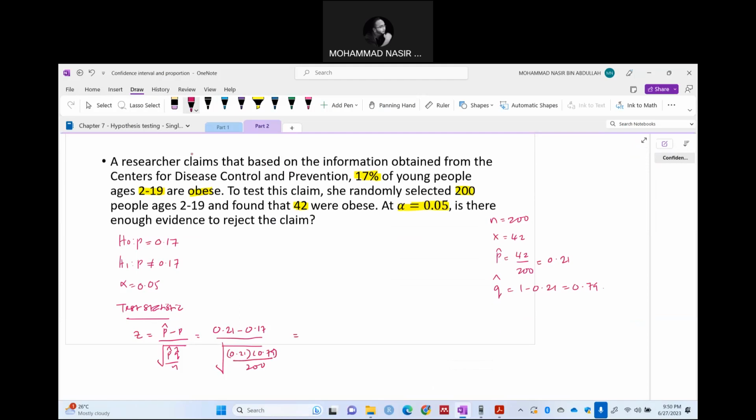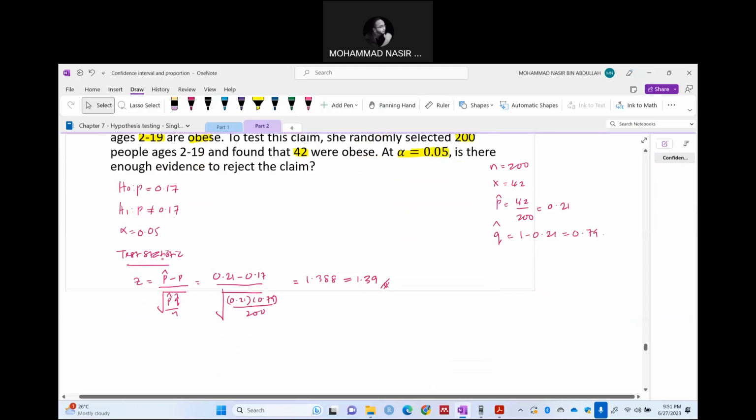So what is the value? 1.38, right? Is it? You got the same?